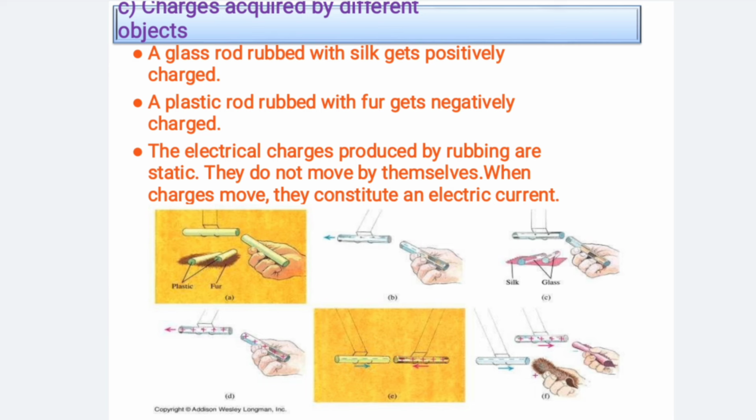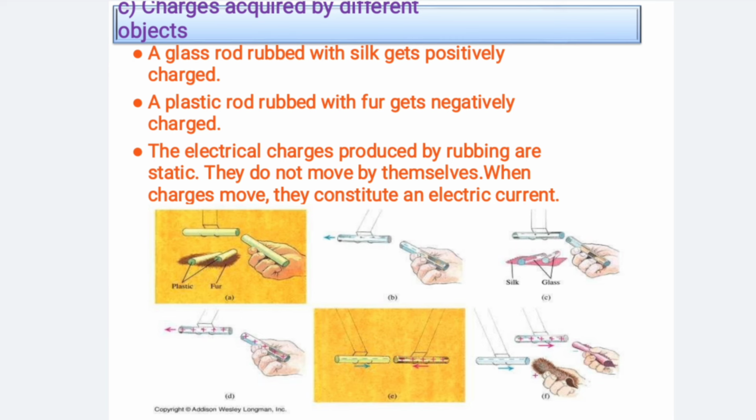That's why in the frictional order series, the materials which are placed higher get positive charges. So a glass rod when rubbed with silk gets positively charged.